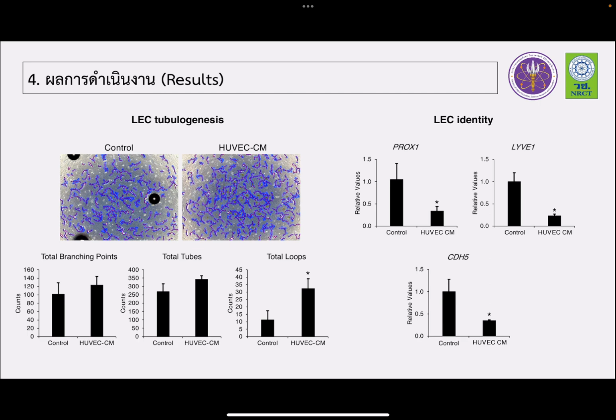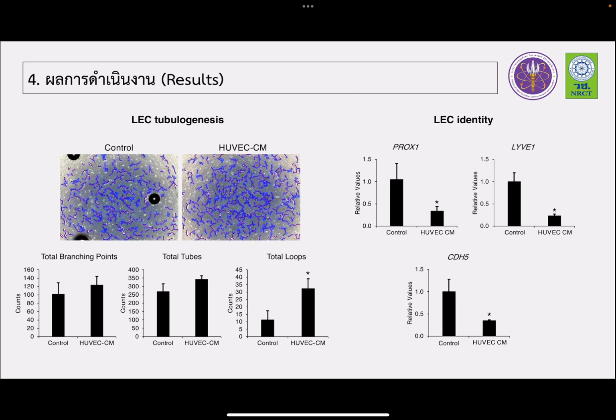And we found that HUVEC conditioned media seem to increase the ability of these LEC cells to form the tube-like structures, which is very interesting because we found in the previous slide that it kind of slowed down the proliferation and cell migration.